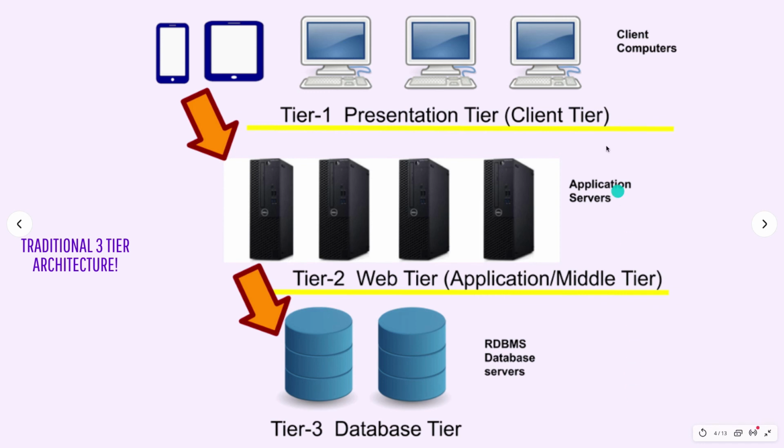Whenever the client wants to store specific data, the client typically first connects with the application server, and the application server in turn connects to the database server and then stores the data, retrieves the data, or modifies the data. All those things are taken care of by the application server based on whatever request it receives from the clients.